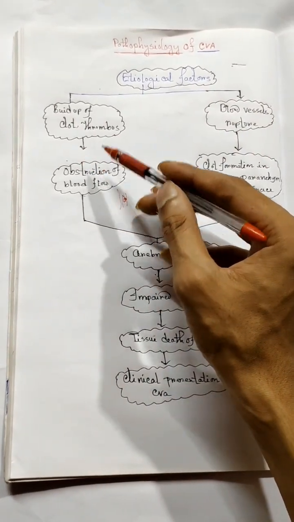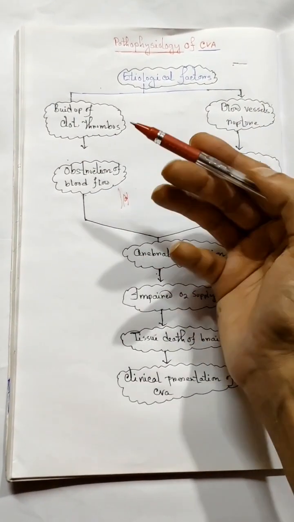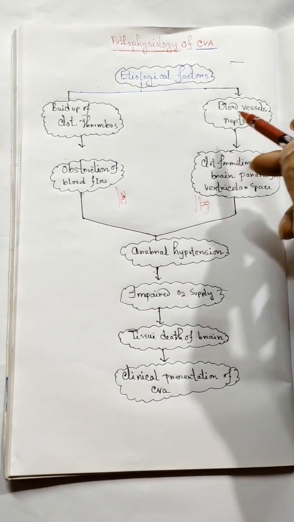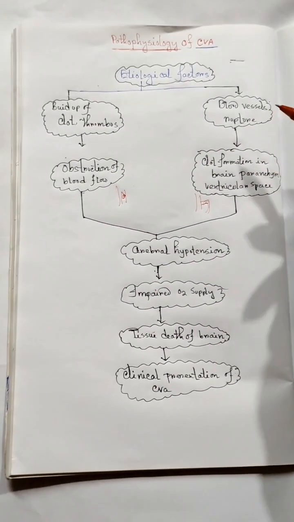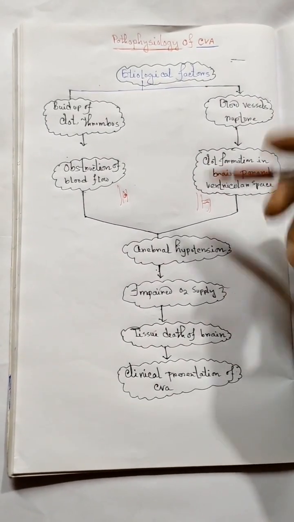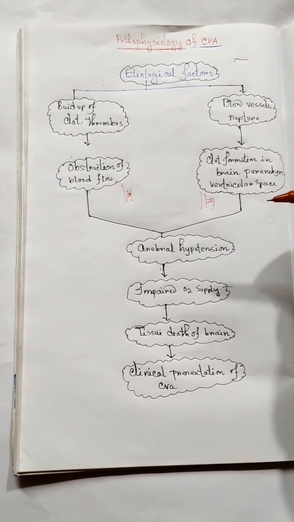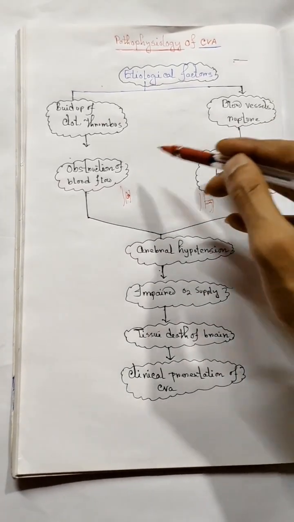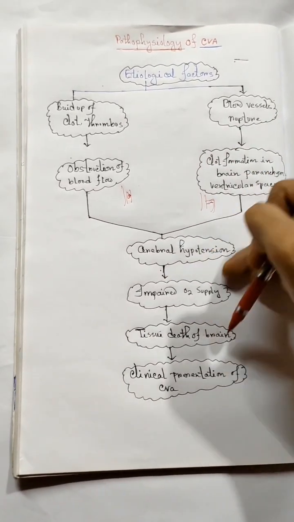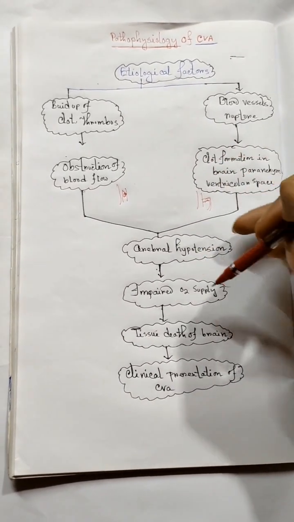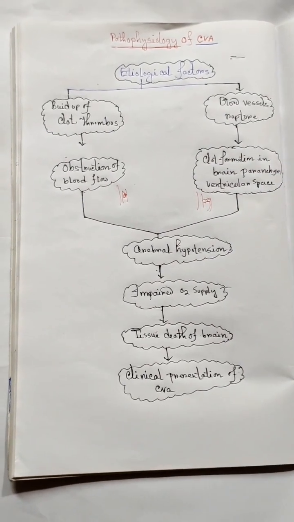If the CVA happens through the clot process, it will lead to ischemic stroke. And if a blood vessel ruptures, that will lead to hemorrhagic stroke. So these are the two pathophysiologies we have studied combined, okay? You can take a snap and note it for your exam.